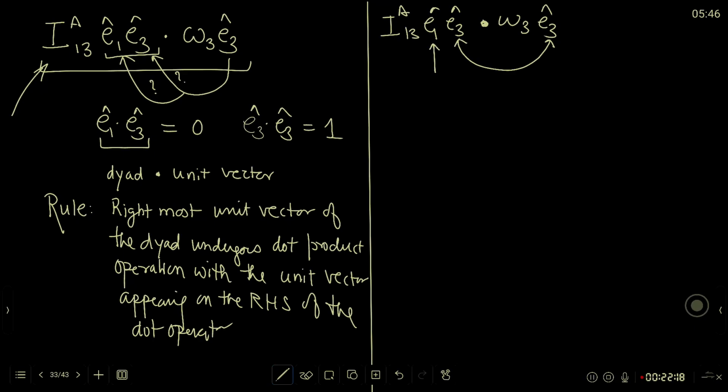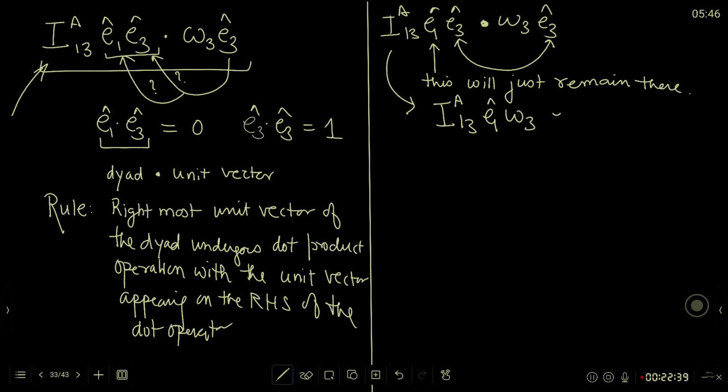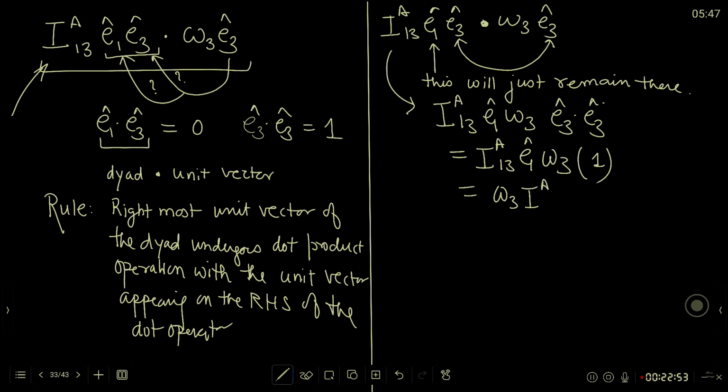So this will be IA13 E1 omega 3 E3 dot E3. In this case, E3 dot E3 will be just 1. You can write that as omega 3 IA13 E1. Okay, this is how the dot product will happen.